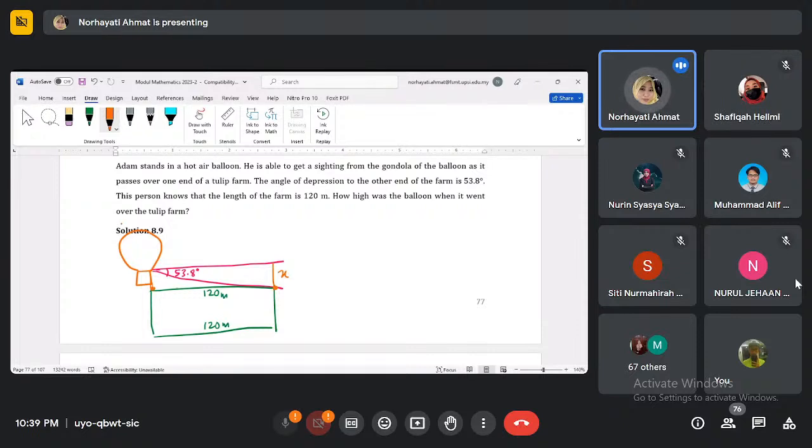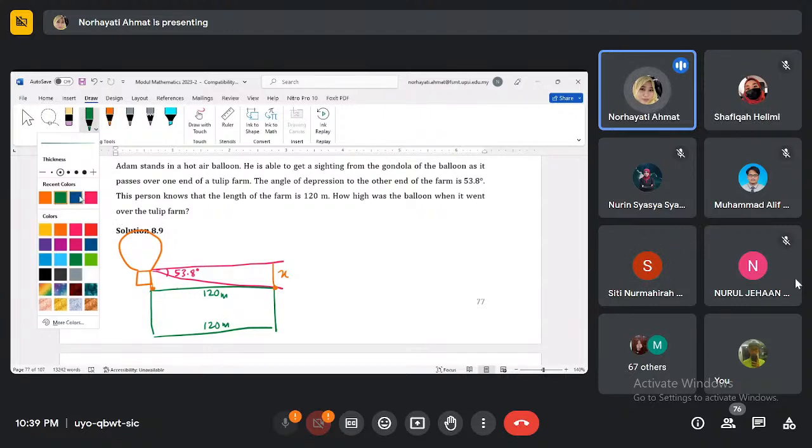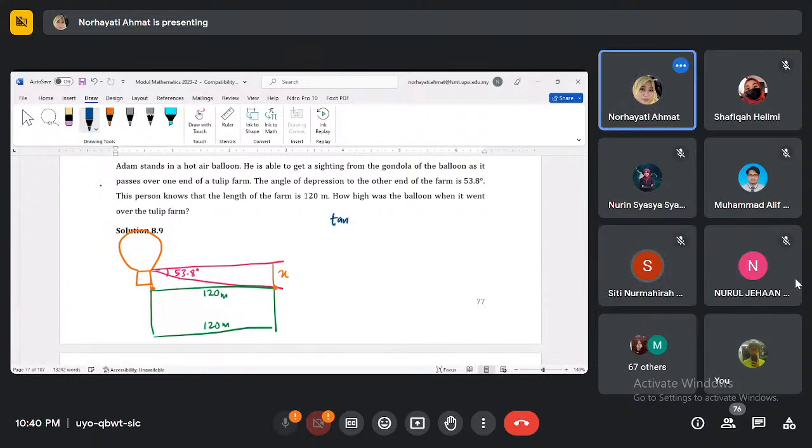Okay, so how high is the balloon? Kita gunakan konsep theorem trigonometric function lagi lah. So how to find x? Kita guna function apa kelas? Tangent. Tangent lagi. Betul, bagus. So tangent 53.8 degree equals to, yang mana dia punya segitiga apa tu?